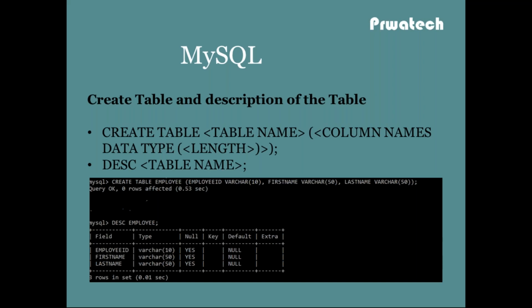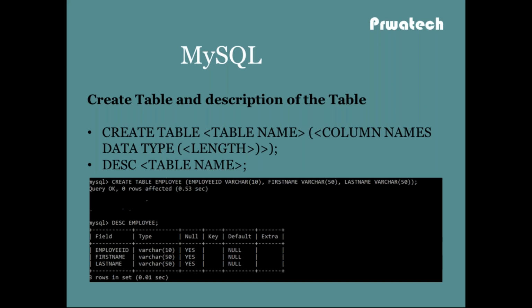They are employee ID, which I have put as varchar with a length of 10, followed by a comma and then first name, which is again of the data type varchar with the length being 50. Again, after the comma, I have put the column name last name, the data type being varchar and the length being 50.